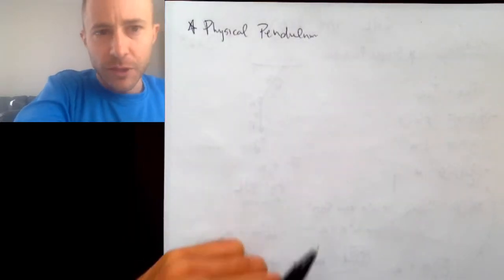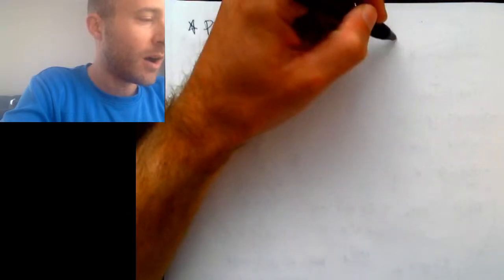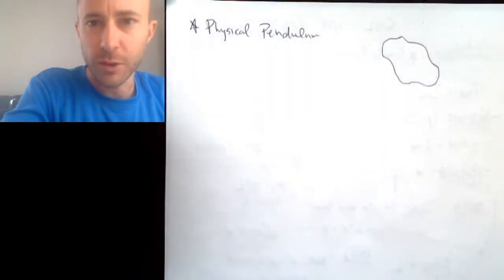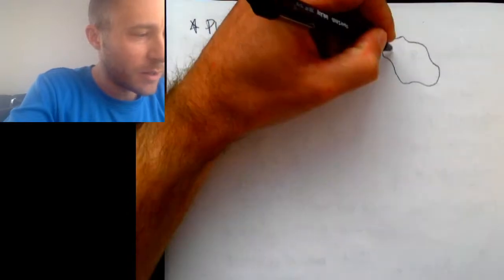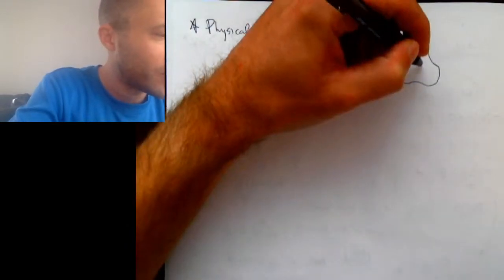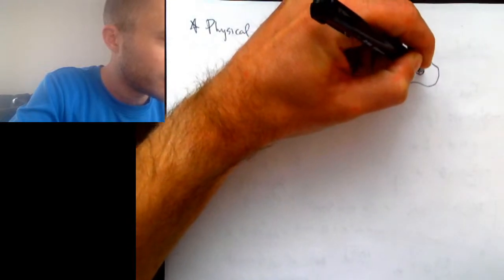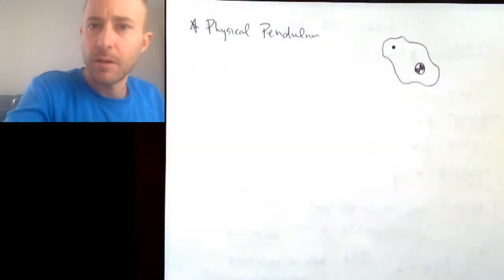A physical pendulum is just a blob, a turd-looking thing, and maybe the blob is pinned right here, so that's the pivot point, and maybe the center of mass of the blob is right here.